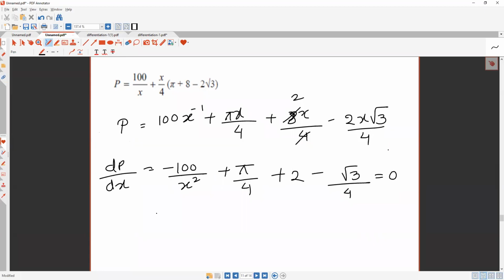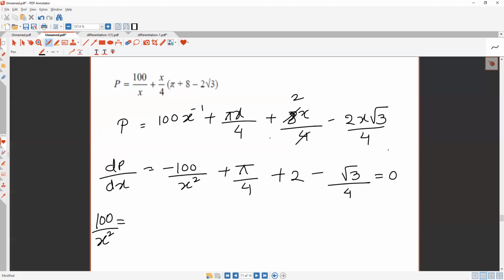So write minus 100 by x square like this: 100 by x square equals, now put this in your calculator, pi by 4 minus 2 minus root 3 by 4. So in the calculator, pi by 4 plus 2 minus root 3 divided by 4.